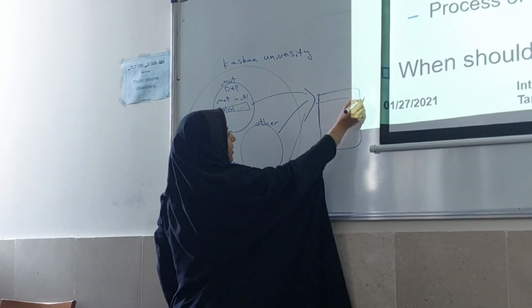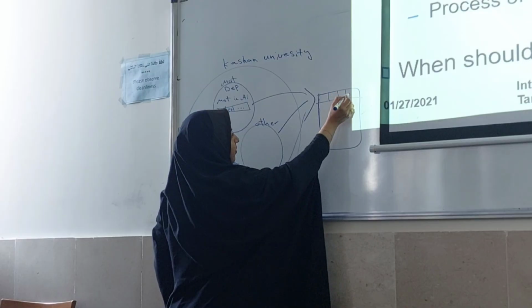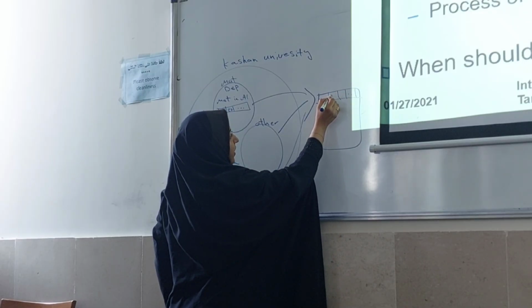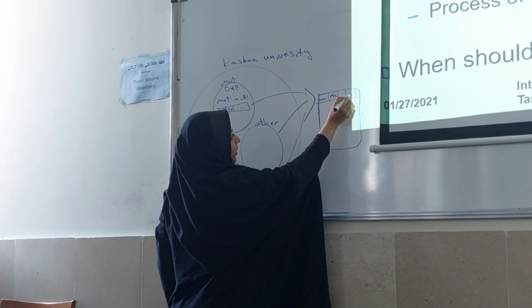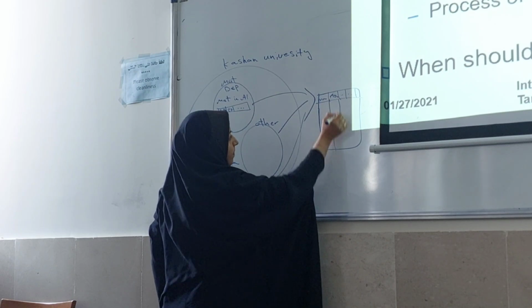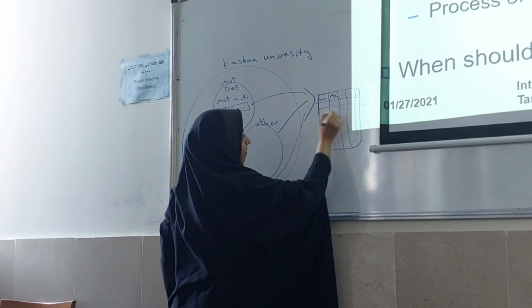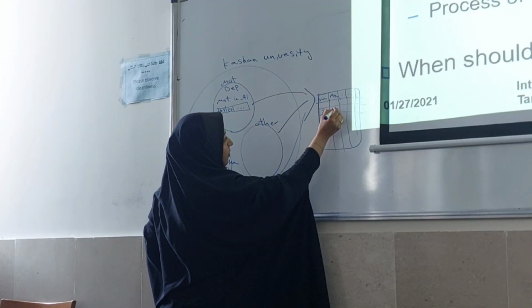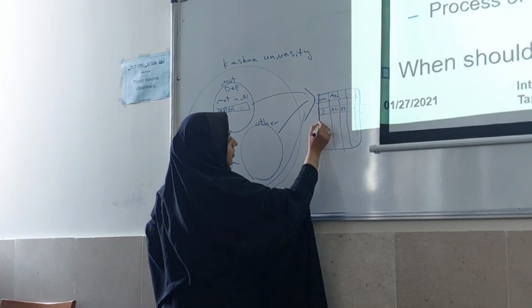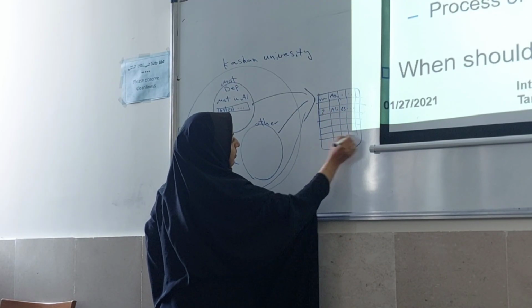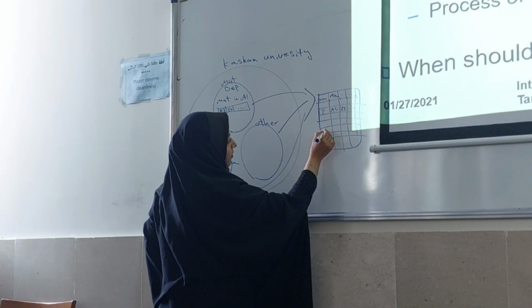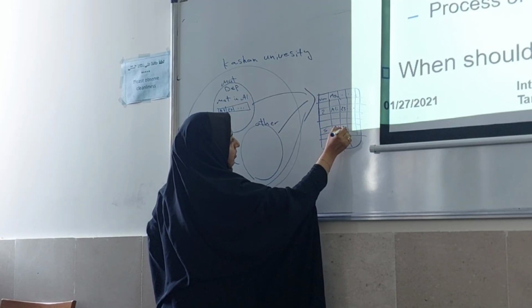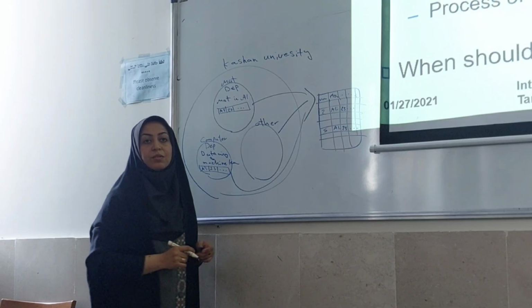In this database, we have name, age, and others. We have Ali for mathematics, 23, and we have Ali for computer.